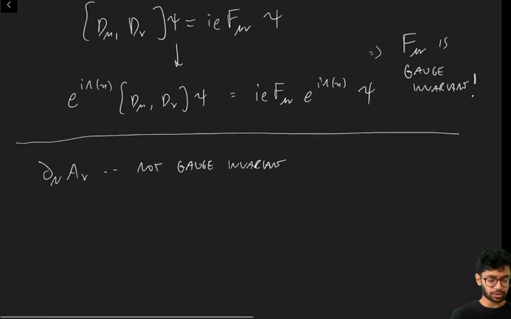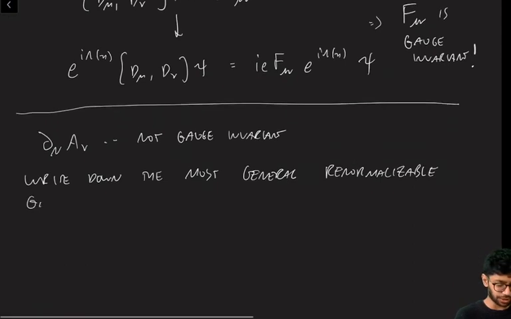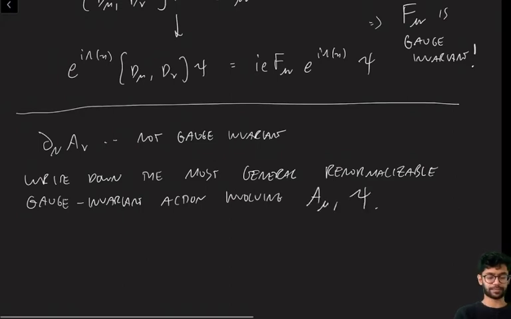So let's now try to write down the most general renormalizable gauge invariant action involving A mu and psi.